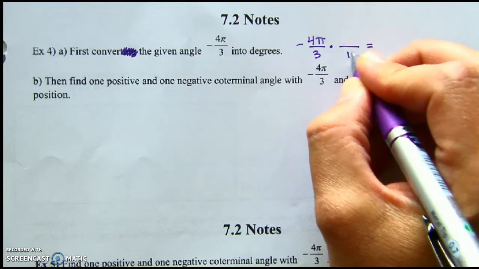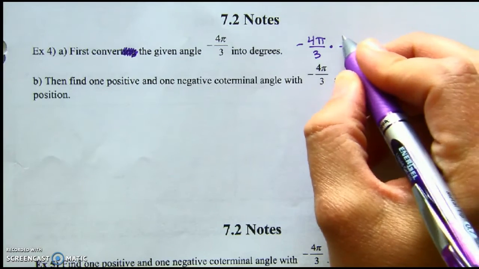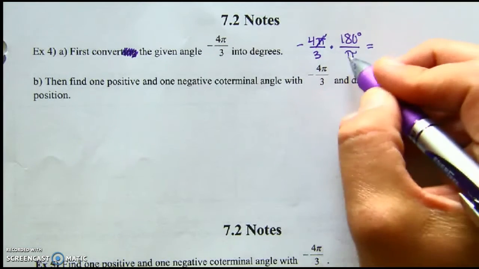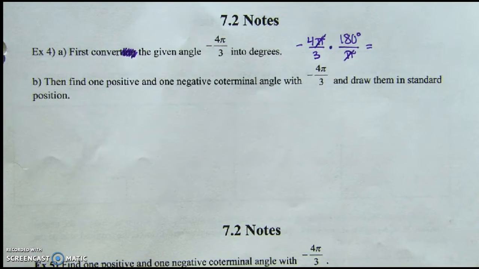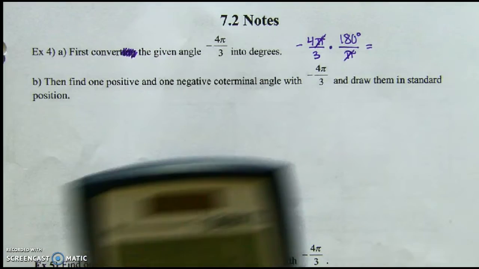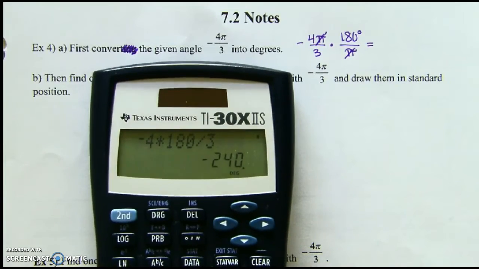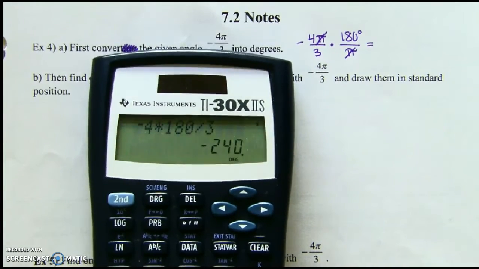On the bottom. And what's going to go on top? 180. What do you do with the pi's? Cancel. And then negative 4 times 180 in the calculator divided by 3, or you could do it in your head. So we get negative 240.